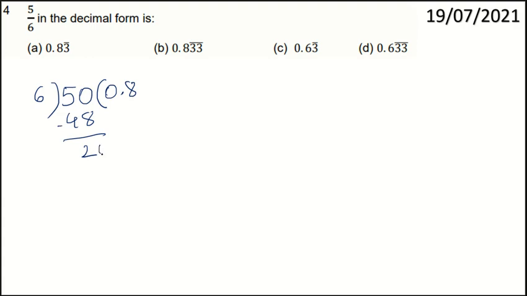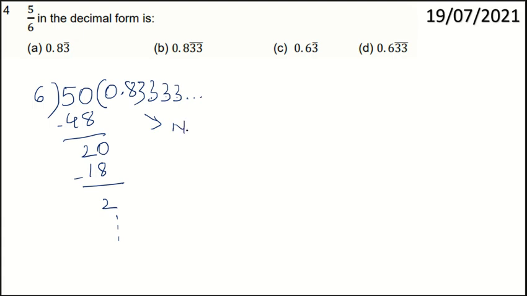Now, moving on, when we take 0, 6 3s are 18 and the remainder is 2. That means this remainder will always be there, and this decimal portion will be non-terminating, and this 3 will keep coming.